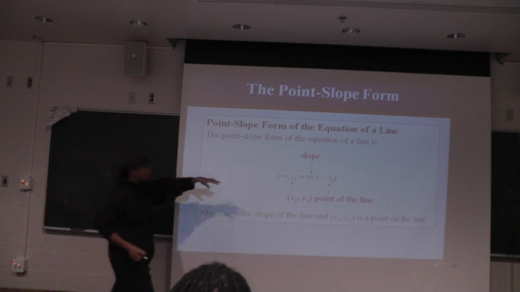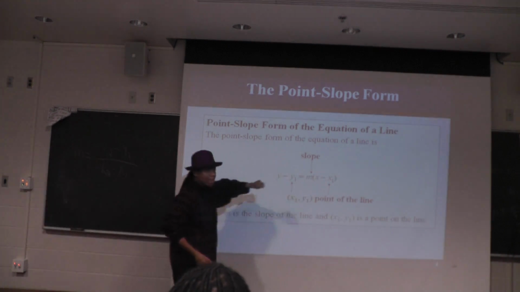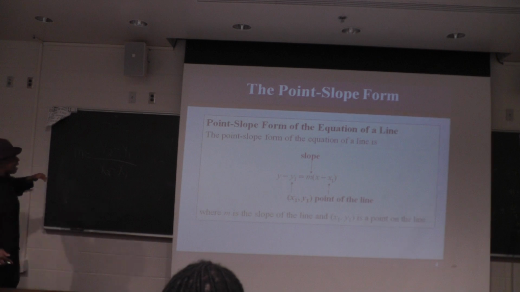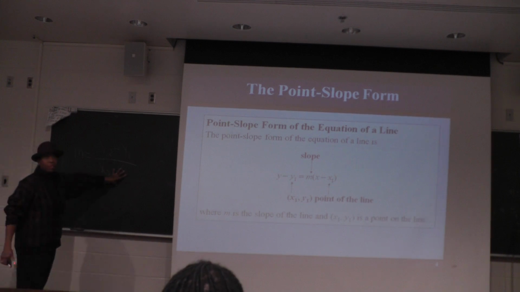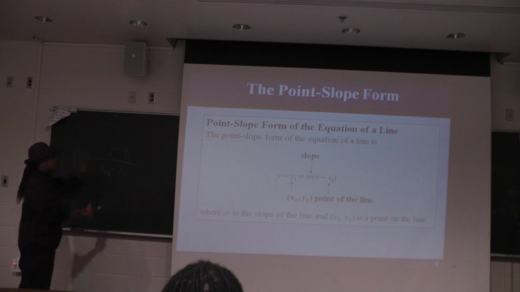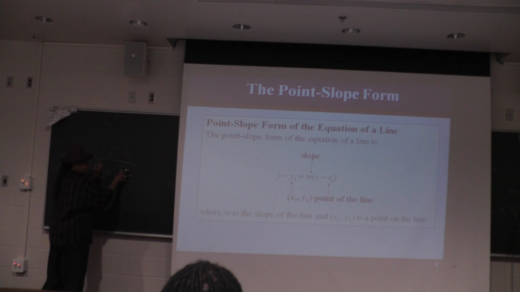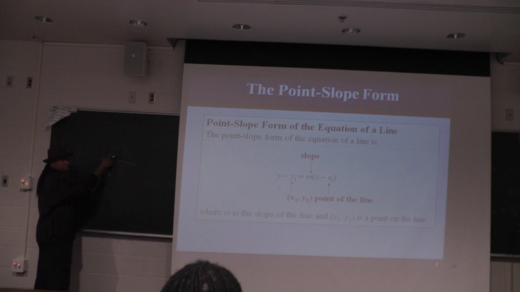If you look at this formula, it's the same thing. What they've done is they have multiplied both sides by this denominator. If you multiply this side by the denominator, it disappears, leaving you with this.